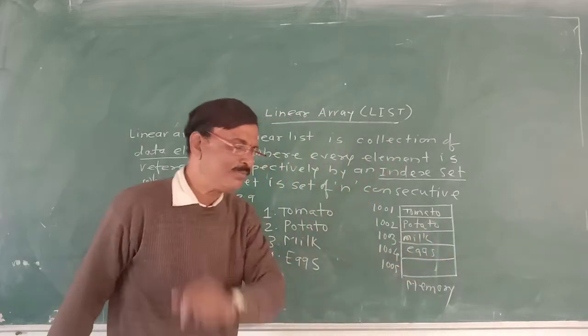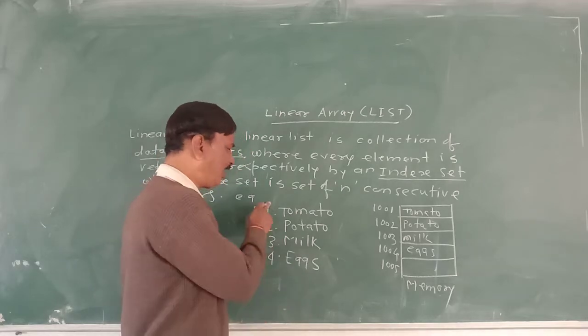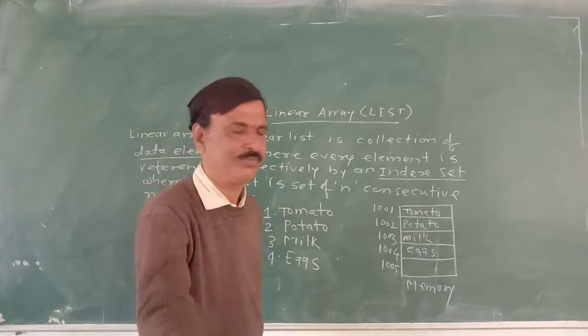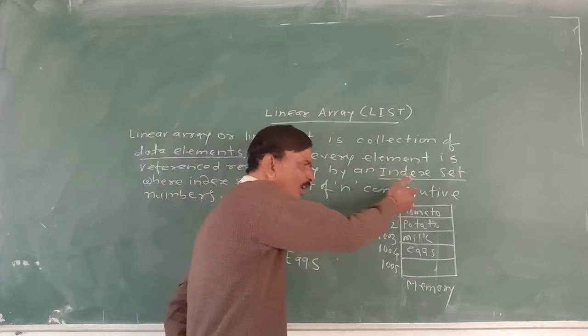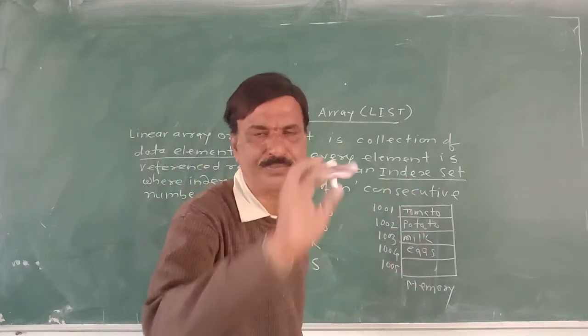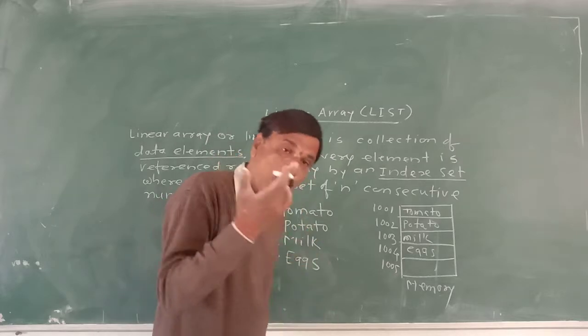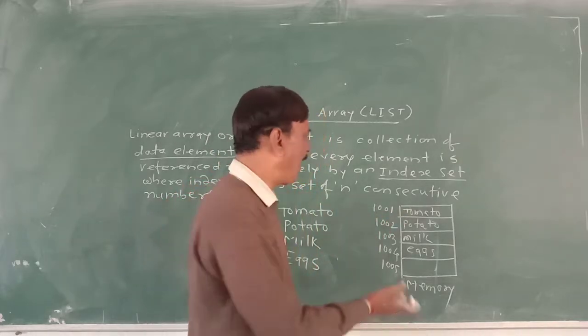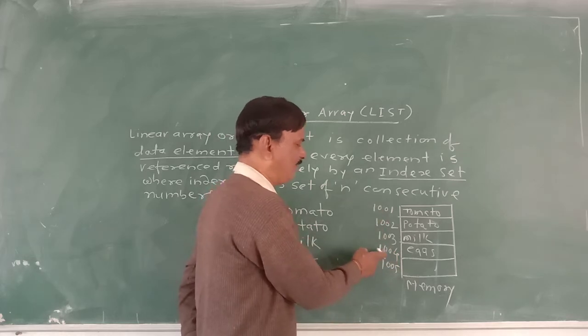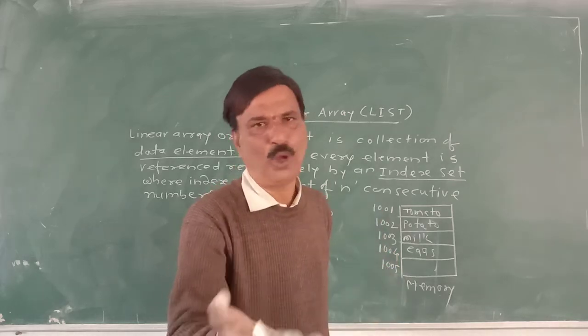So what we have done? This was the list on plain paper. We have stored all the elements in consecutive memory locations. Now, every memory location has a number. That's why this address will play the role of the index set.